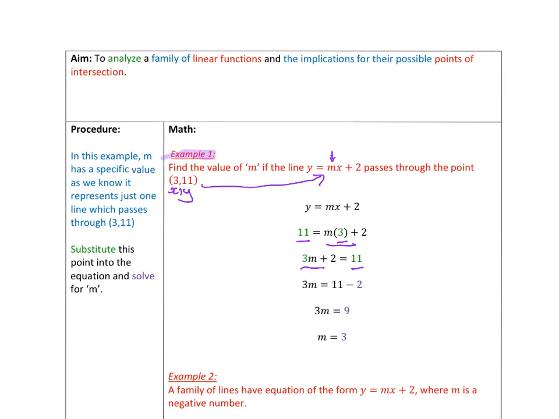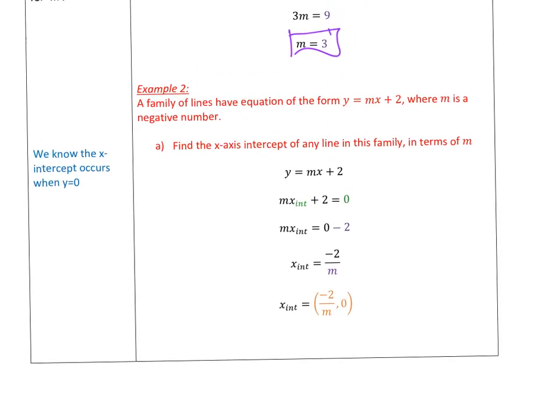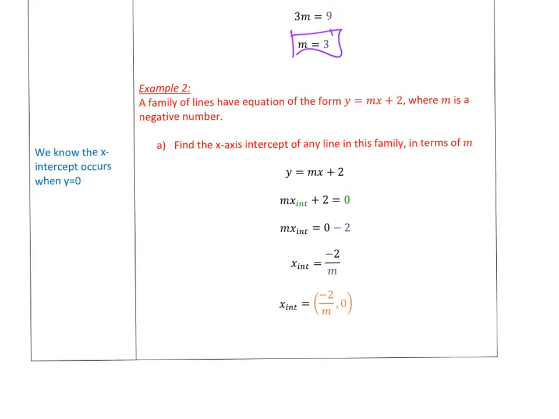We're trying to get m by itself, so we move the 2 over, which is why it minuses, and then that gives us 9, and then we find m. So can you see, it's just solving a question like we have been doing. It's not really any harder, it just has this weird little name to it, which makes you get a bit confused. All right, so let's look at this next one.